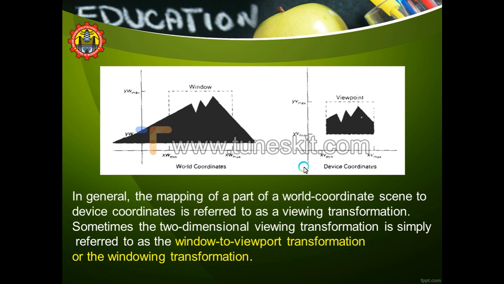The mapping of a part of a world coordinate scene to device coordinates is referred to as viewing transformation, or this two-dimensional viewing transformation is called window to viewport transformation, or windowing transformation.